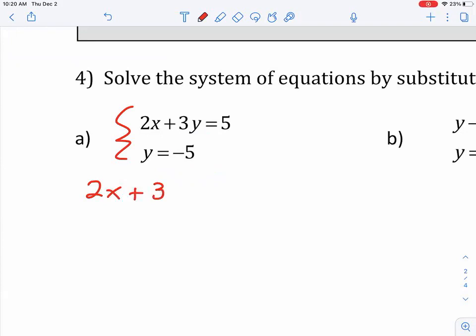But instead of writing y, I'm going to write -5. Okay, so again, I substituted, since y equals -5, I made that y -5.